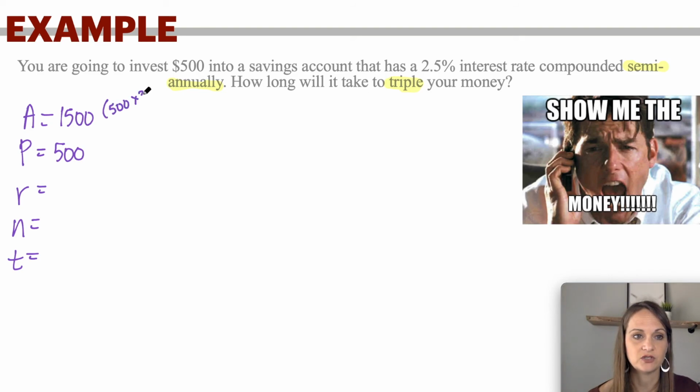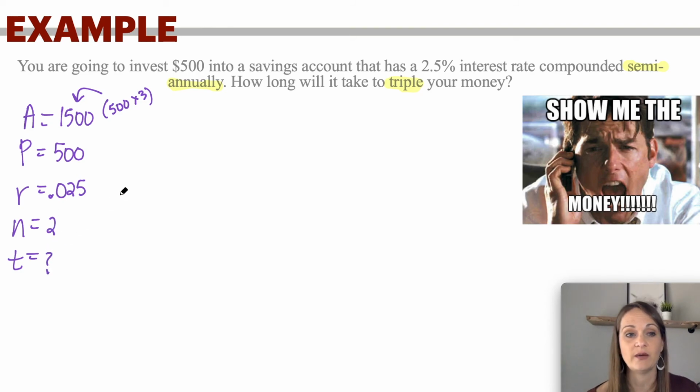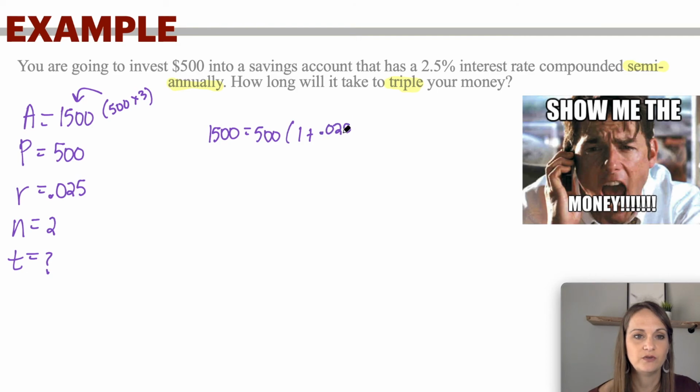Your interest rate is 0.025. Semi-annually is 2, and you do not know how much time that's going to take. So you set it equal to 1,500. It's going to be 1 plus 0.025 divided by 2 raised to the 2t.